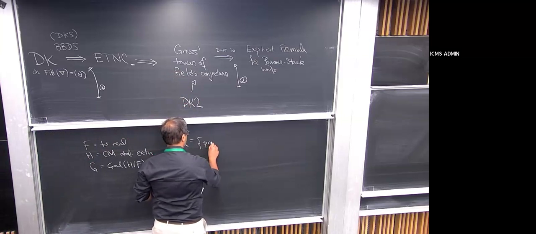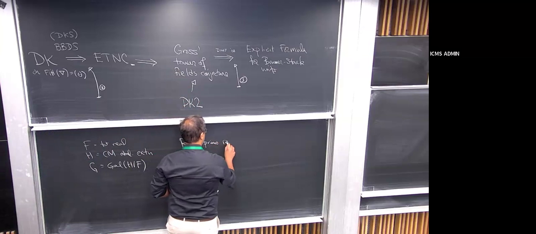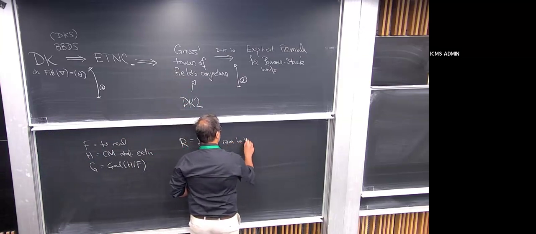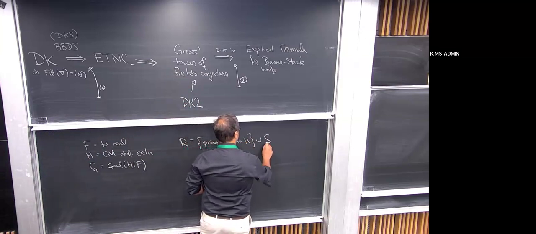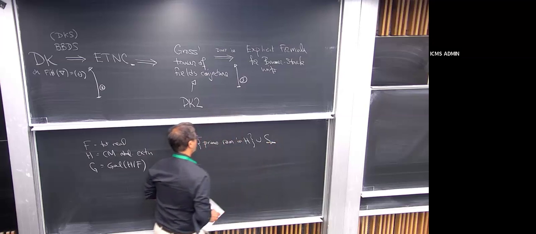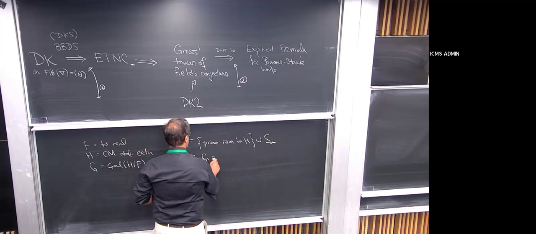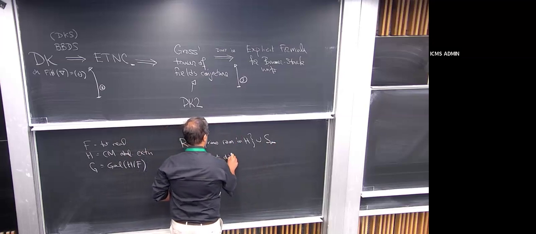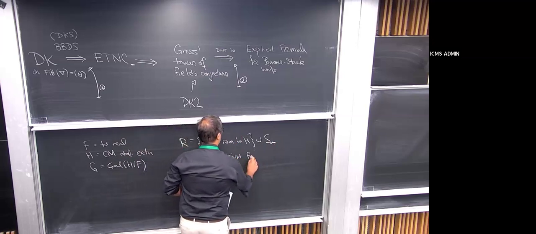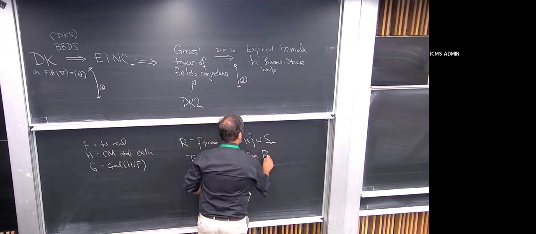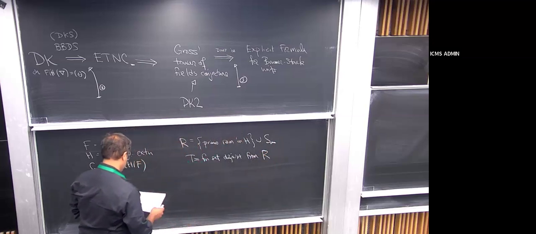This is primes ramifying in H union the infinite primes. And then T is just some finite set disjoint from R, satisfying some conditions that I don't want to state.